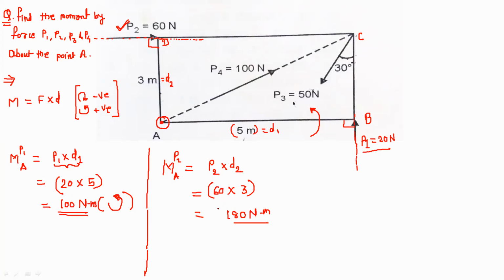Now see whether it is clockwise or anti-clockwise, and then we will write the direction, minus or plus. Hold this point A, that is the fixed point A, and try to apply the force P2 at the point B. Because of 60 Newton, the whole system, that is this rectangle, will try to rotate in this direction. That will be clockwise direction. So the moment is clockwise and therefore it is minus, that is minus 180 Newton meter.